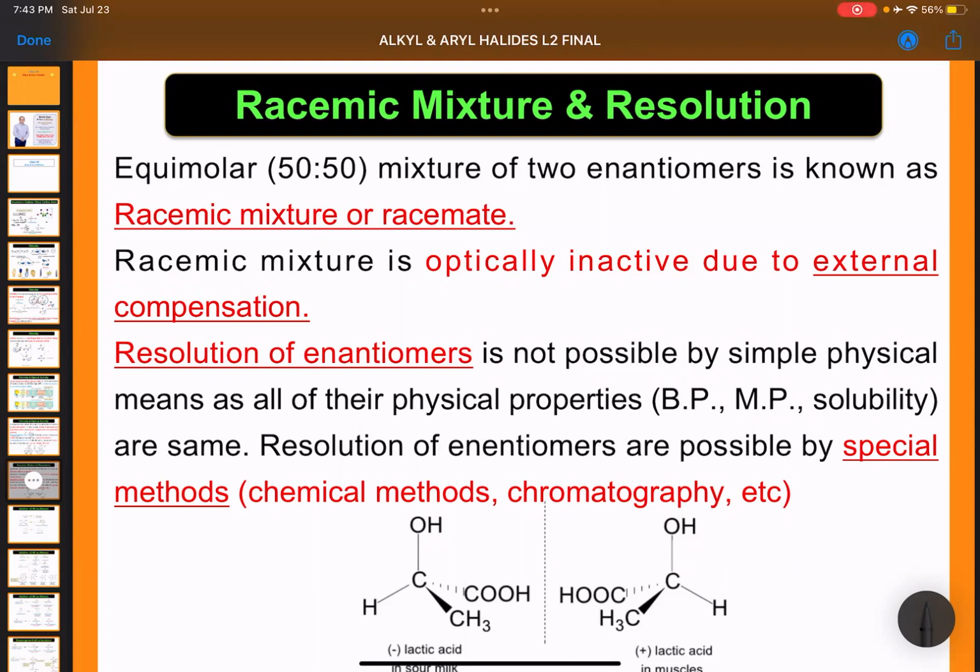What does external compensation mean? I have underlined it. External compensation actually is, suppose you have dextro and levo and you have mixed them together.